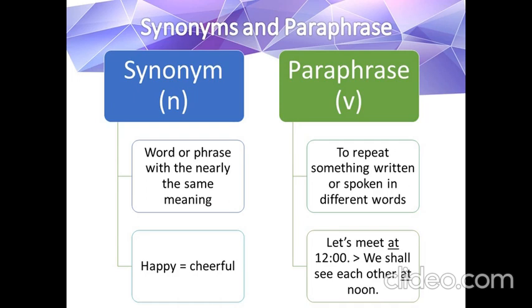So you need to be really strong in synonyms and paraphrasing because the reading section relies heavily on this knowledge. Therefore, after this lesson, I'll put the material of a list of paraphrasings and synonyms taken from the IELTS test.